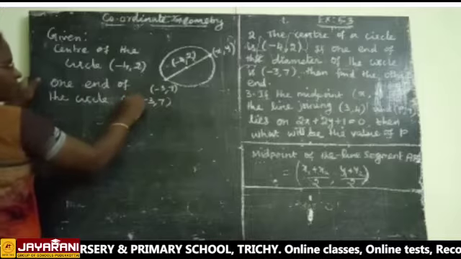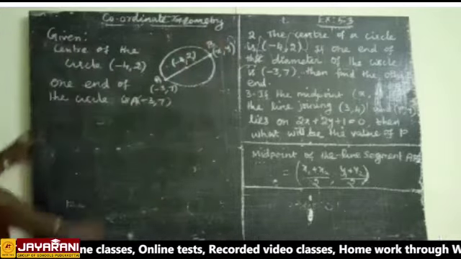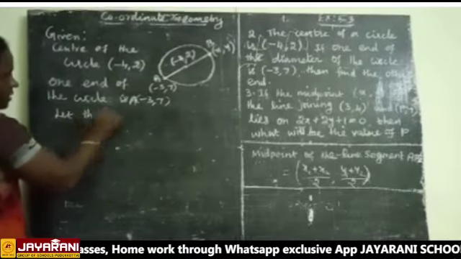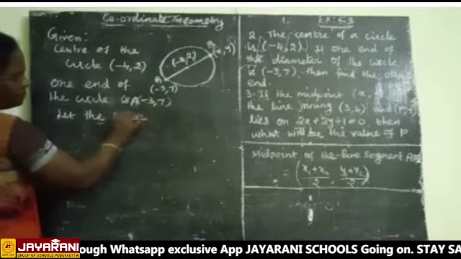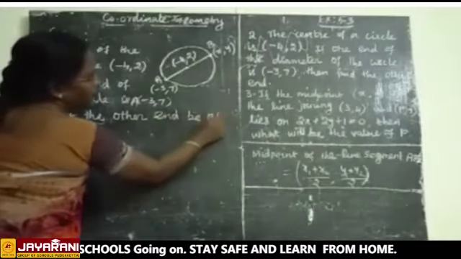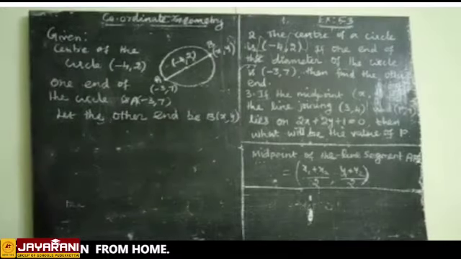Consider this as A. This one is B. Let the other end be (x, y).